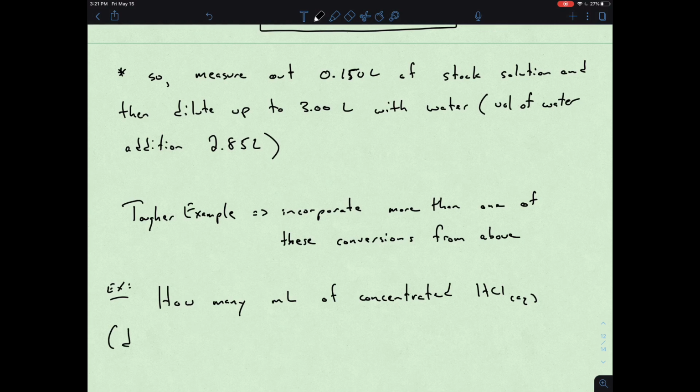Concentrated HCl has a density equal to 1.18 grams per milliliter. The solution is percent HCl by mass is 36%. And the molar mass for HCl is equal to 36.5 grams per mole.